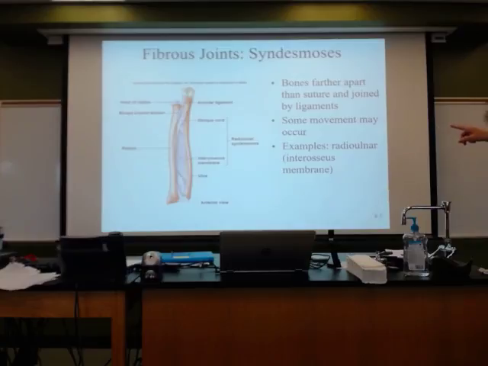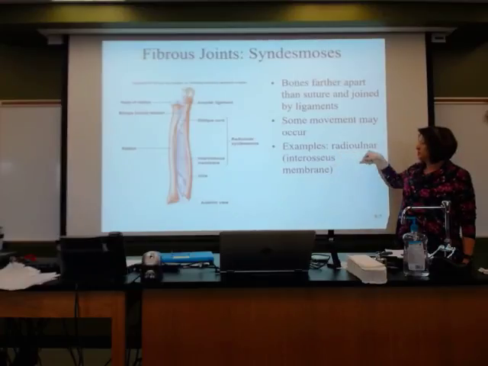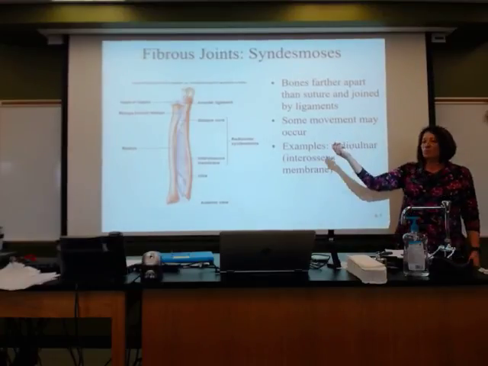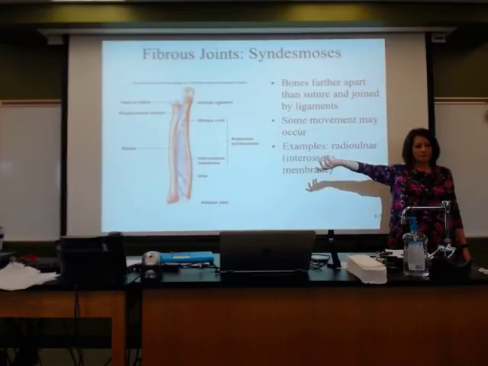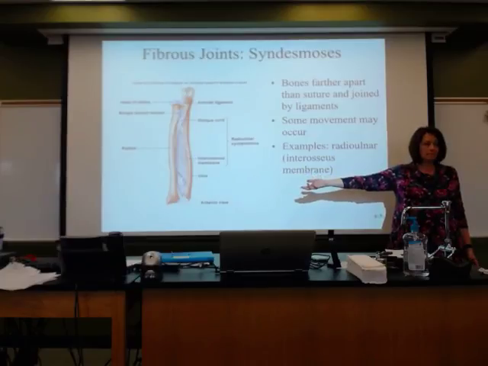So one of the cool things that you're going to find in only a couple of areas of the body is this interosseous membrane. Very tough, very fibrous, okay, and basically looks like this huge sheet of ligaments holding the bones together, and this interosseous membrane between the radius and the ulna, we're getting a very special movement that we can make that we can't have anywhere else throughout the body.